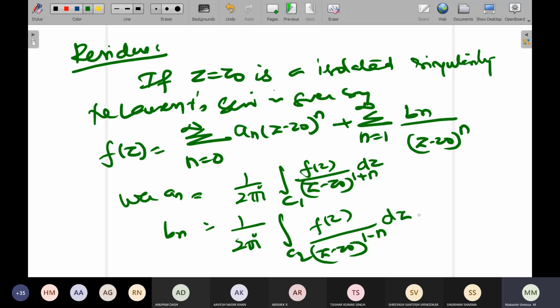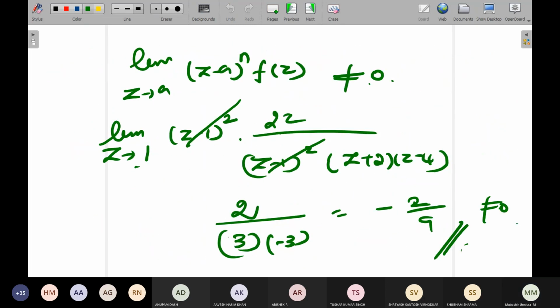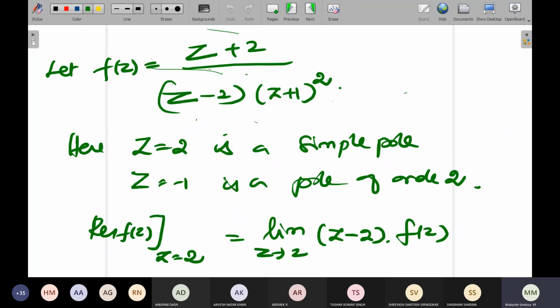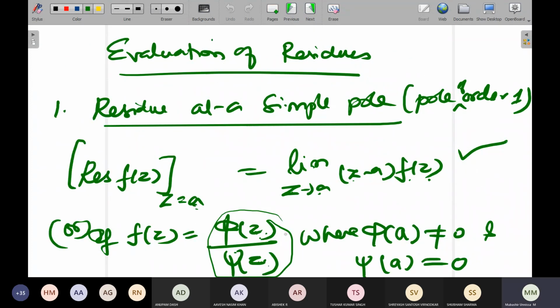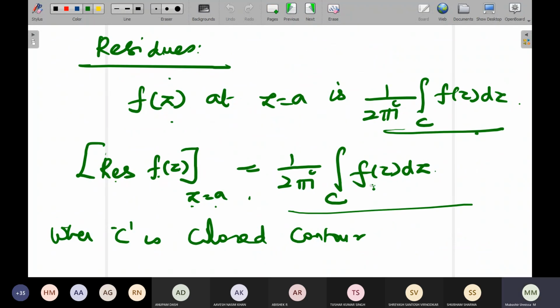Now just go back to the definition of the residue. What did I say? Residue is 1 by 2 pi i integral over C of f of z dz.